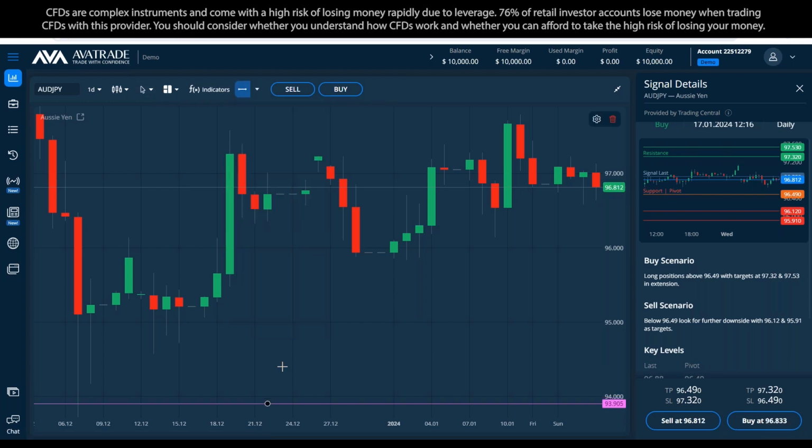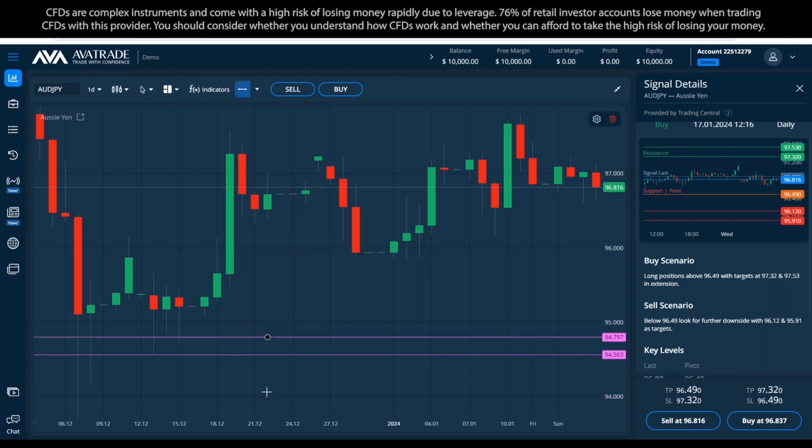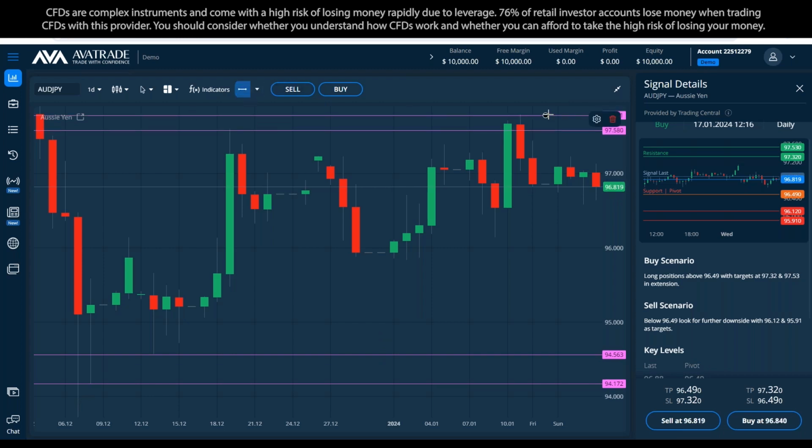Okay, if I'm looking in an overview about the time frame that we're looking at, this might also be a further support line. In here we have another one. And resistance will always be higher than the price. Anyway, you understand the idea. So what the signal is doing, the signal is giving it to you automatically.